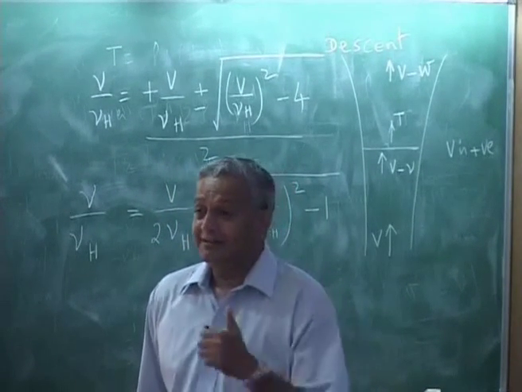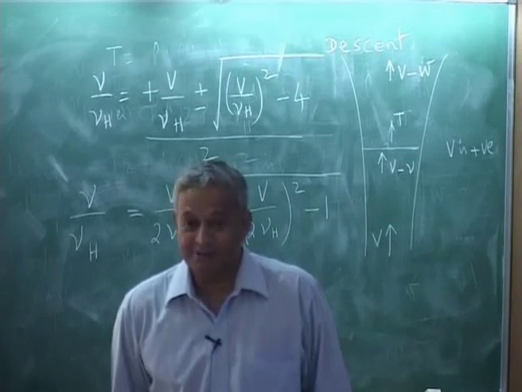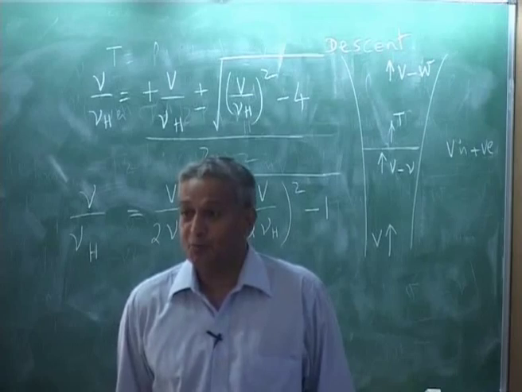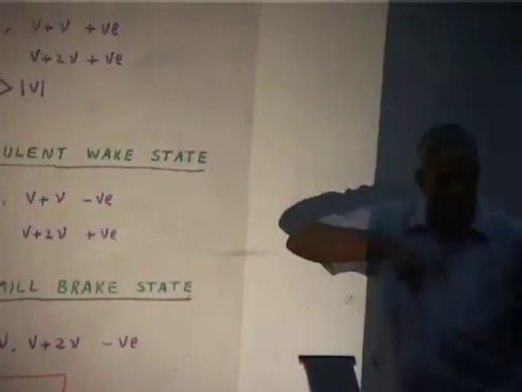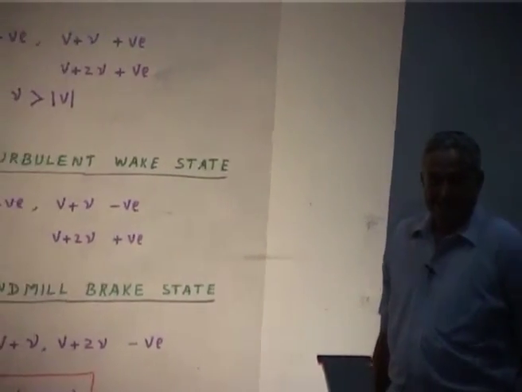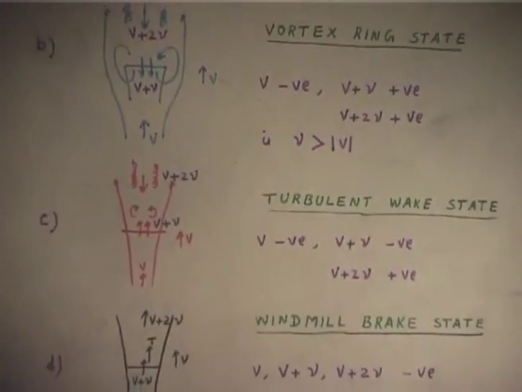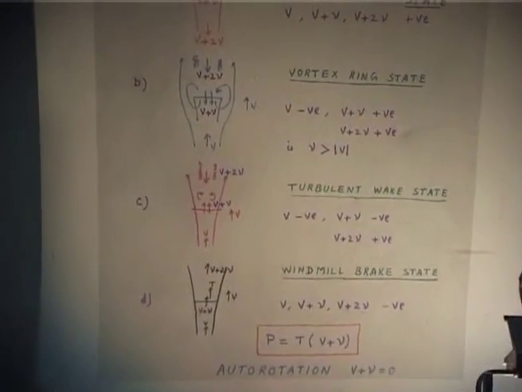But when it is valid, that means my descent velocity should be more than 2ν_h. More than 2ν_h is what? Descent velocity. V plus 2ν_h should be positive.